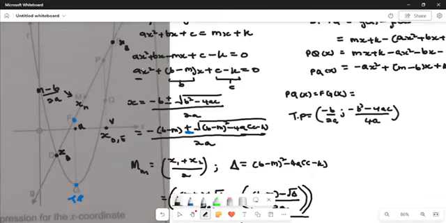And using our f of x, we know our f of x is already ax squared plus bx plus c. So for our x value at the turning point, let's name that x at g. I think I need to use a different colored pen.